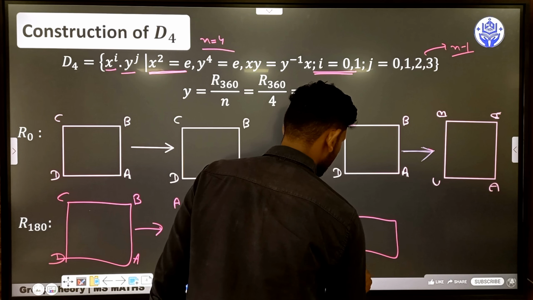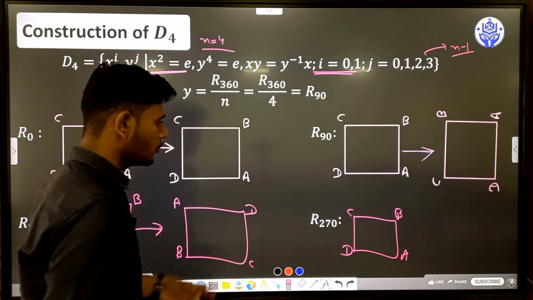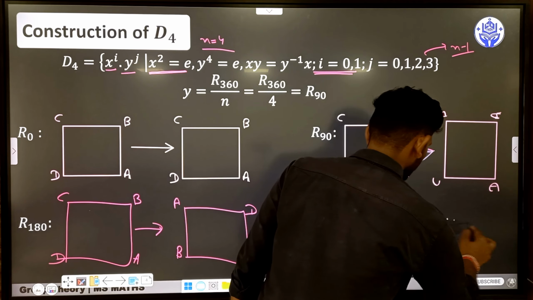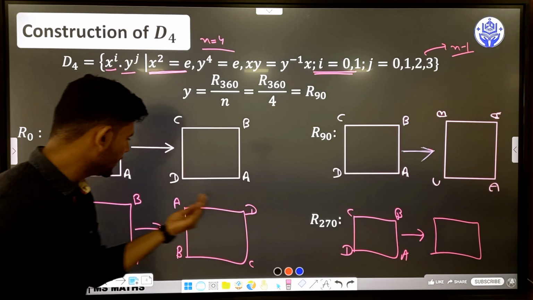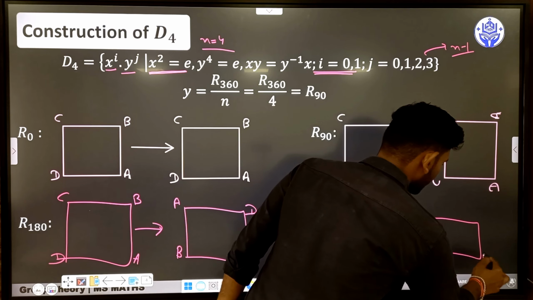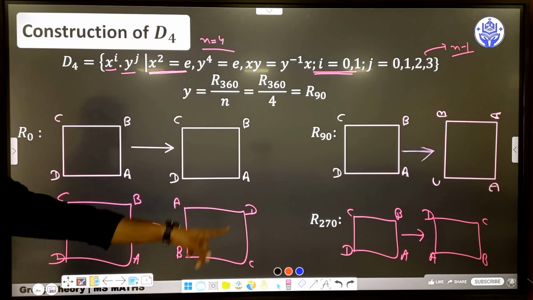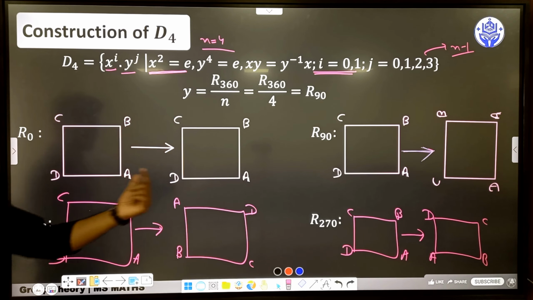Just take 90 degree one more like this, then that will be your D here. Say A is here, so it will be A, B, C and D. So this is the rotation: 0, 90, 180 and 270.